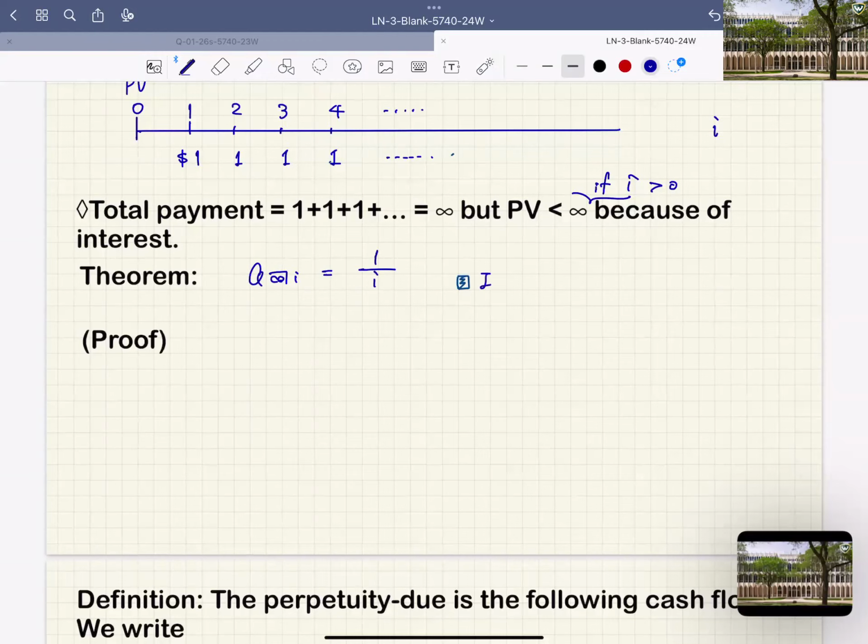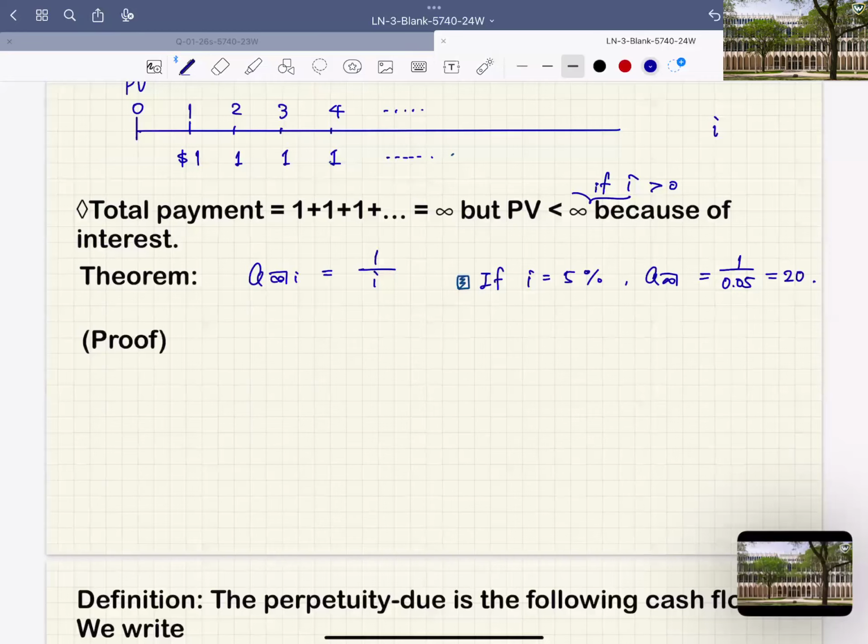So for example, if i is equal to 5%, then eternal payment of $1 each, that present value is equal to 1 over i, so 1 over 0.05, so that is $20. So to get the perpetual payment of $1 each, basically you have to pay $20.